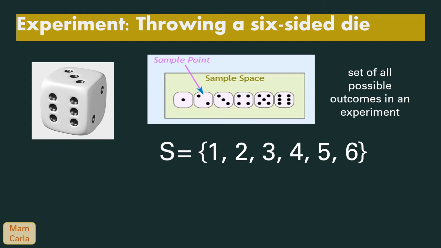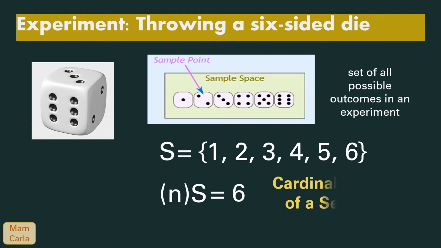Now, how many elements are there in set S? Very good. We have 6 elements, which is called the cardinality of a set.